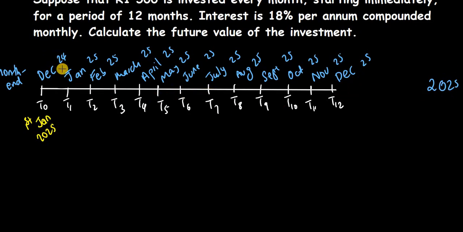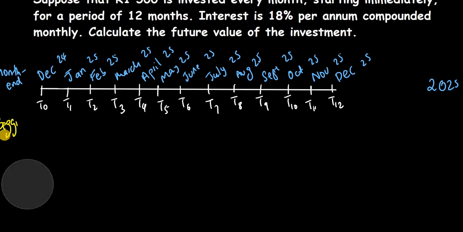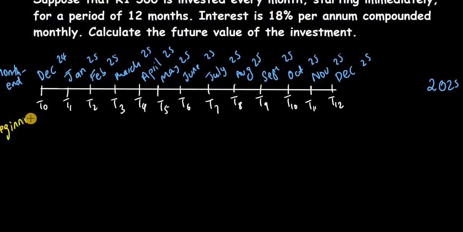Okay, good. Now this side here, we are looking at the beginning of the month. I wrote begging. Guys, how would we write beginning? If I get it wrong, just know, guys, I'm not the first to get this wrong. The spelling really troubles a lot of people, even our politicians. T0 is going to be the beginning of January 2025.